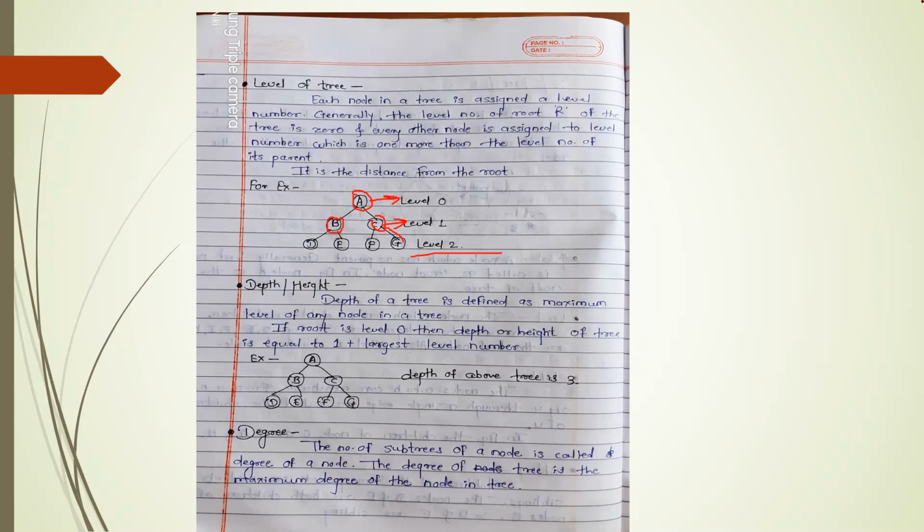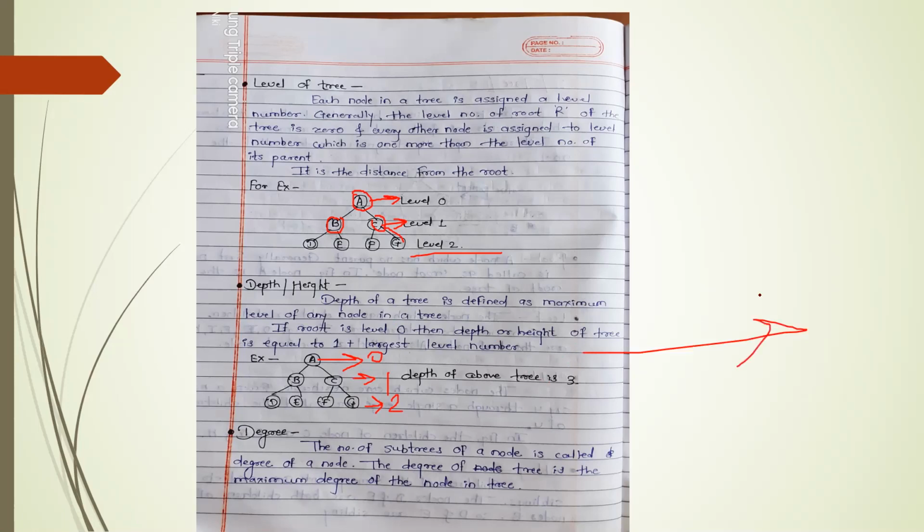Next is depth or height. Depth of a tree is defined as the maximum level of any node in a tree. If the root is level 0, then the depth or height of the tree is 1 plus the largest level number. Here is level 0, here is level 1 and here is level 2.